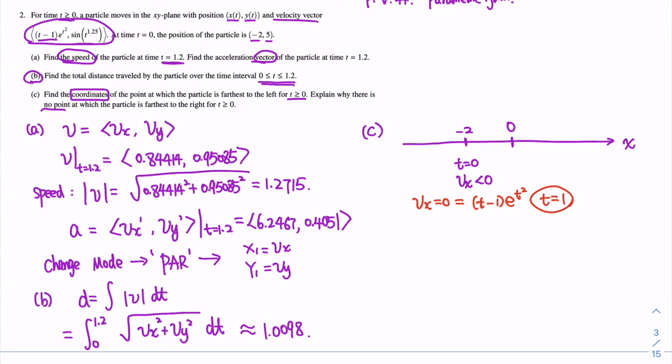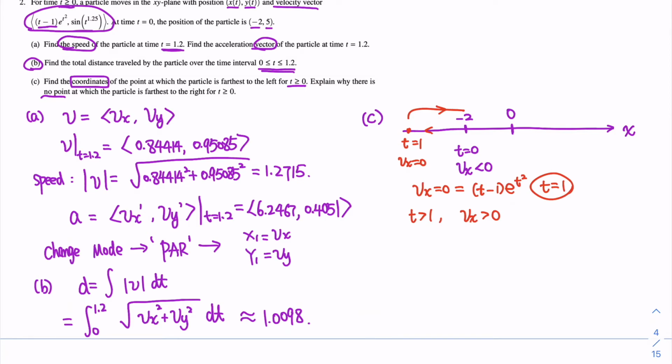That means from t equals 0, when t reaches 1, the velocity of x reaches 0. And when t is greater than 1, velocity will be positive, so the particle will go back to the right. That's why when t equals 1, the particle will reach the farthest left.